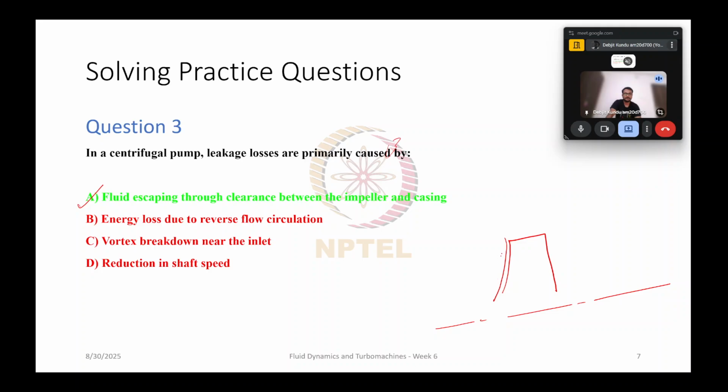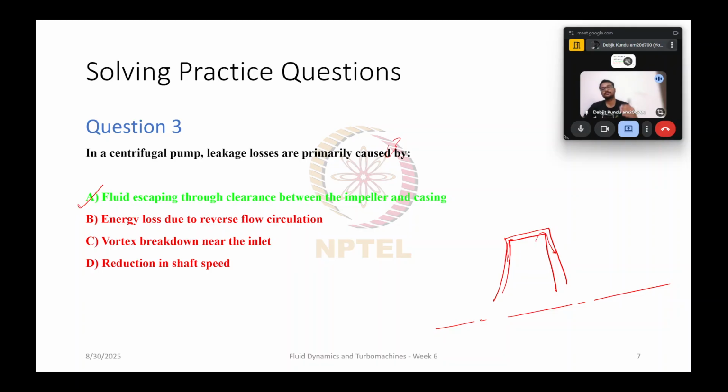So there has to be a small clearance between the two. So what happens is that some of the fluid, instead of going through the vane, leaks out through these clearances because there's a pressure difference between the two ends.